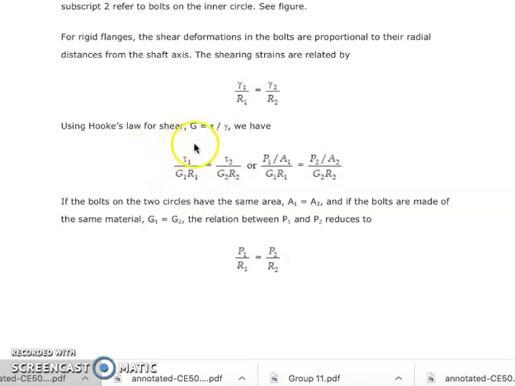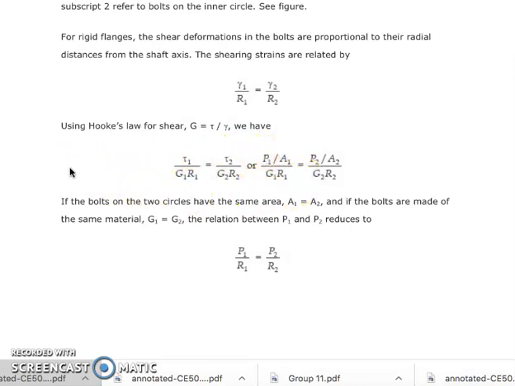So this is an expression for our outer circle equal to the inner circle, in terms of the shearing stresses with respect to the modulus of rigidity and the radial distances, or that can also be expressed in this equation. This is now in terms of force, since we have just substituted the value for our stress, which is force all over area.